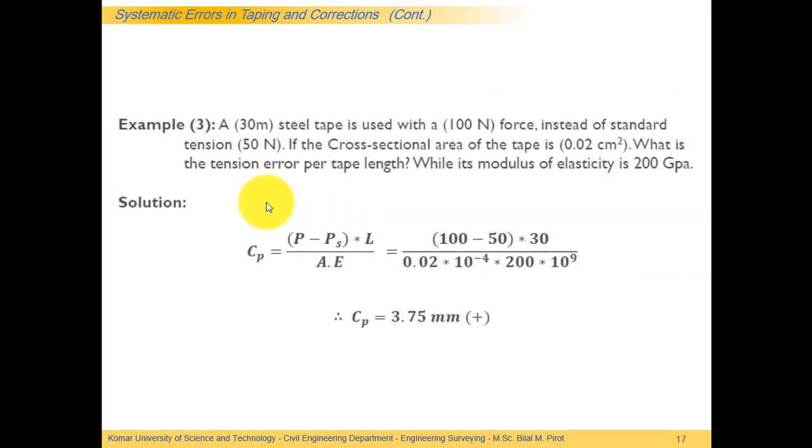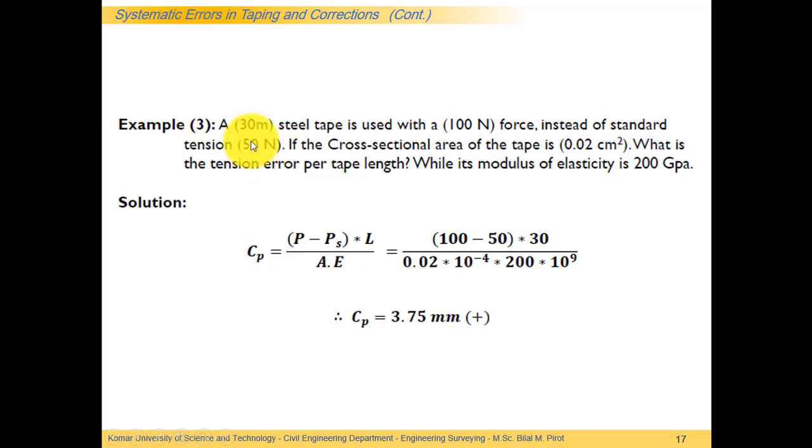We have this example. In this example, we have a 30 meters steel tape. This is the length of the tape. It is used with a 150 newtons force. So this is the force that has been applied to the tape. This is the applied force instead of a standard tension of 50 newtons.